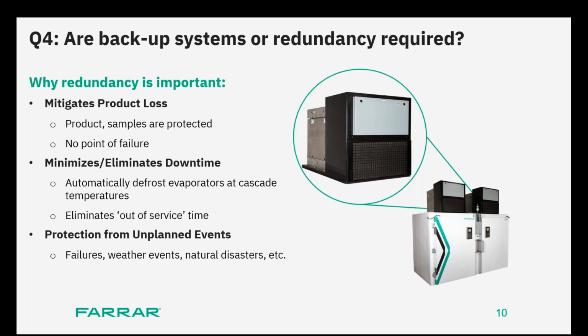And what's really neat too, say you're having a day that you have to go out of your design specs. What I mean by that is say you're going to load a lot of product into a chamber, and you're going to have extended door openings and, say, fork trucks or equipment going in there. You will have the ability to run both systems at the exact same time, and this is called concurrent redundancy.